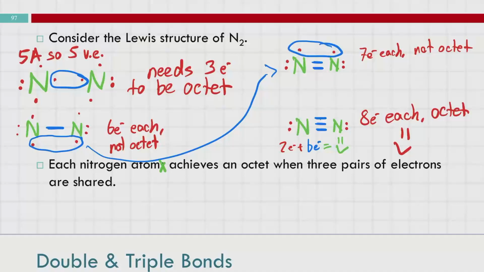So oxygen is in 16, take off the 1 on the front, add an A at the end, now it's 6A. It's the other way we can come up with that. So oxygen would have 6 valence electrons.